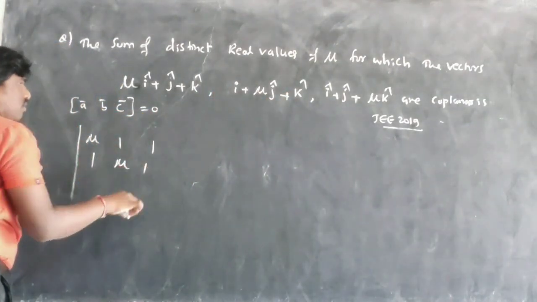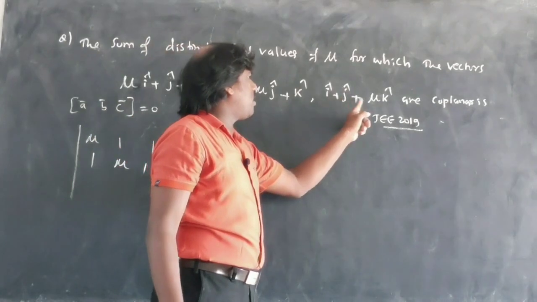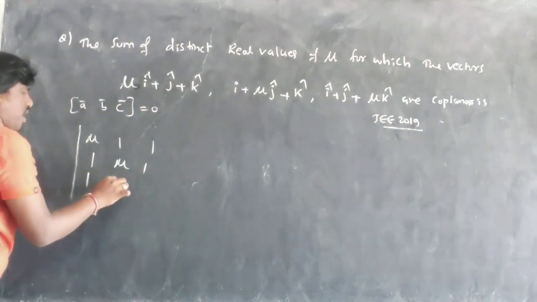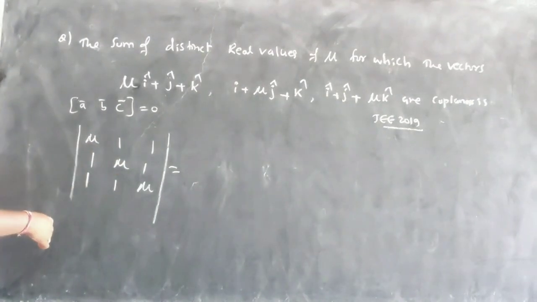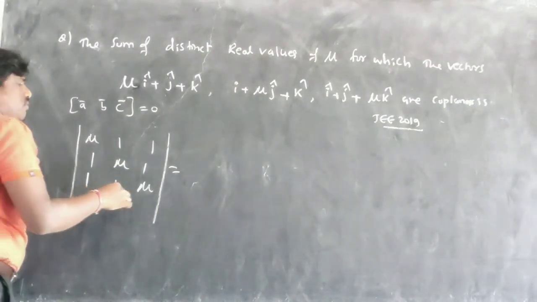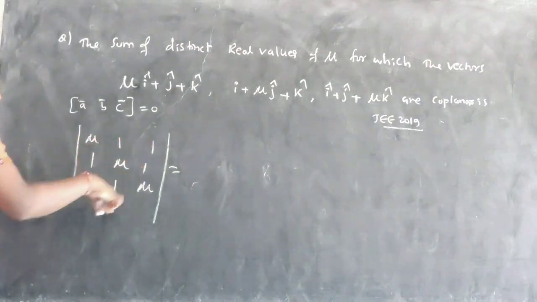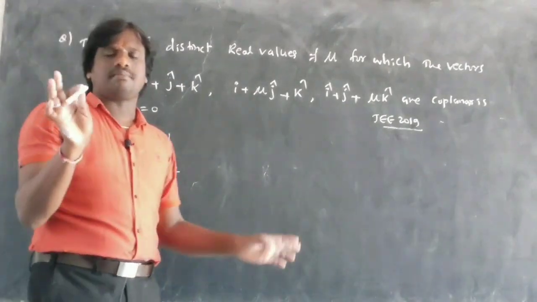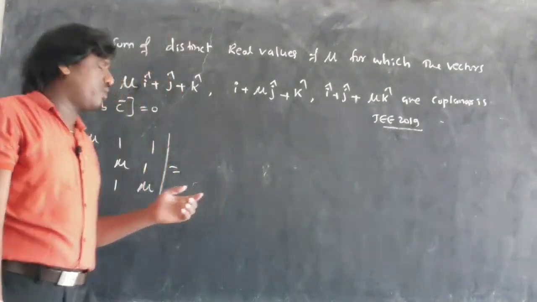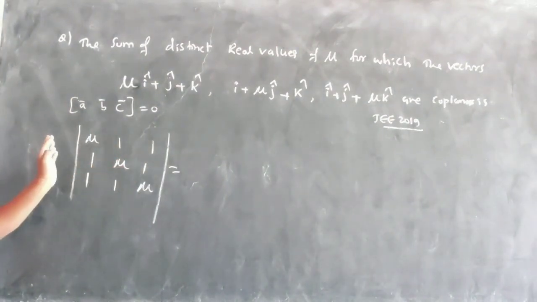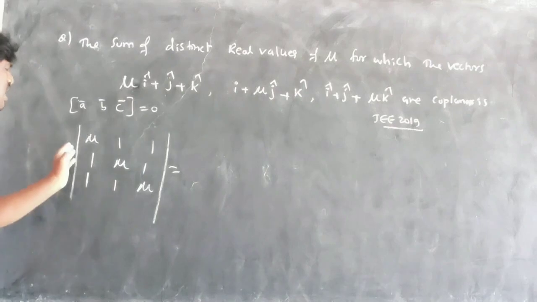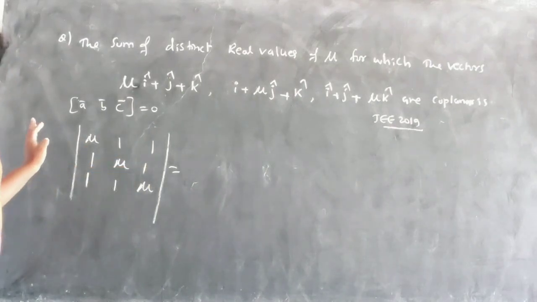Now we will find the determinant of this. This can be solved in 2-3 ways. As I told you for 12th class, make zeros in the rows and then find the determinant, which is the easiest way, or for 11th class you can directly open the determinant.